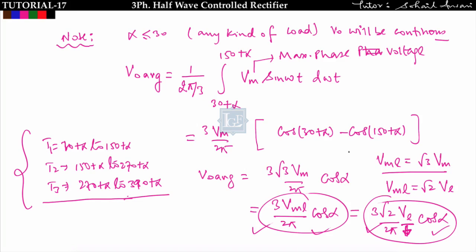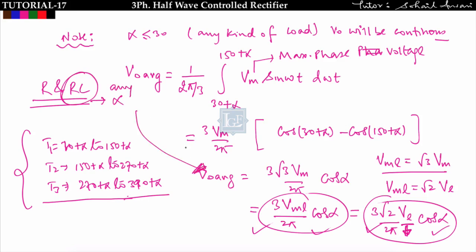In this way we can find the output voltage for alpha less than 30 degree, and this formula is valid for R load and RL type of load. We can also say that for RL type of load, this output voltage formula is valid for any alpha, because for RL type of load output current is continuous, meaning output voltage will follow the supply voltage for 120 degree duration and it will be continuous for any alpha.